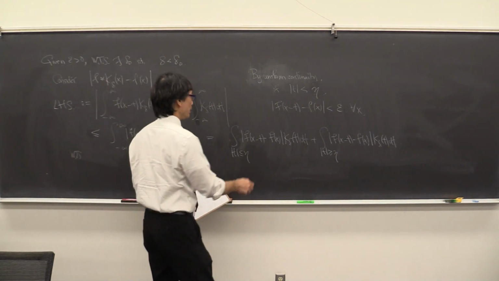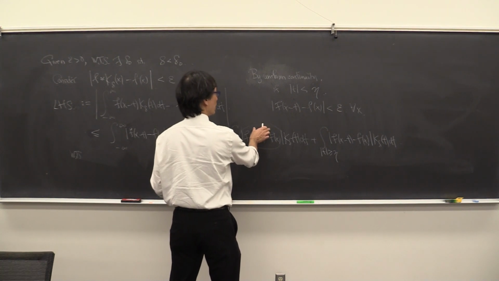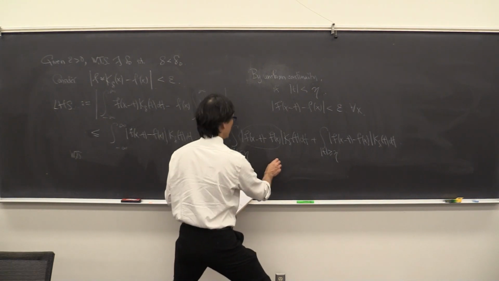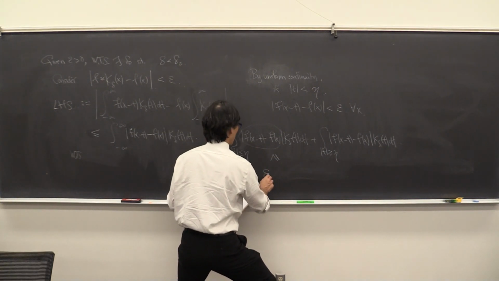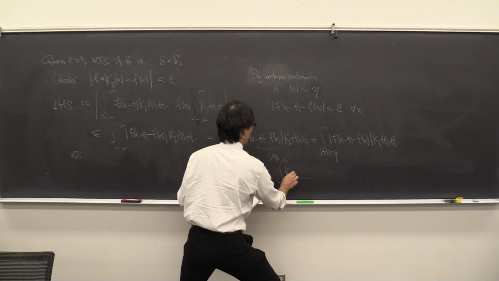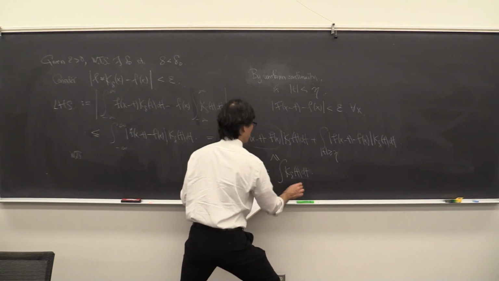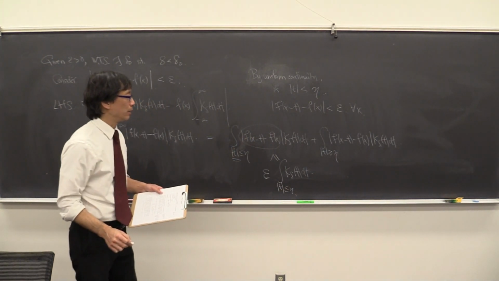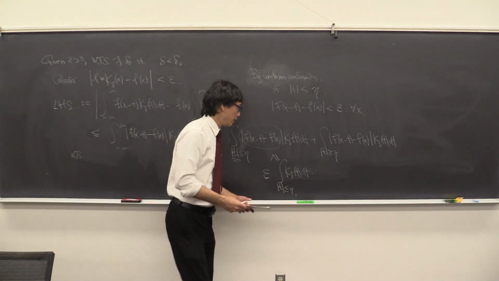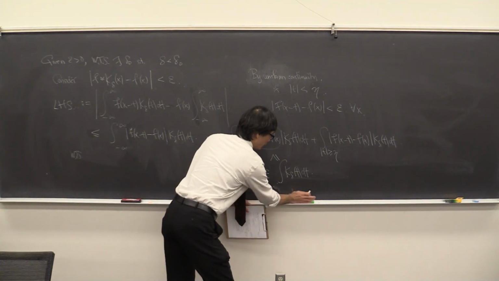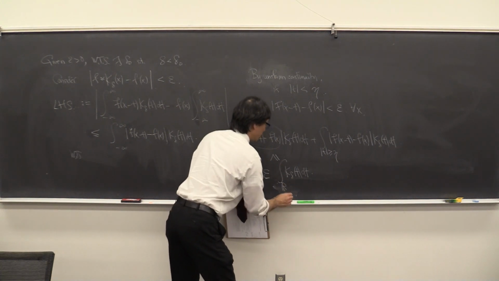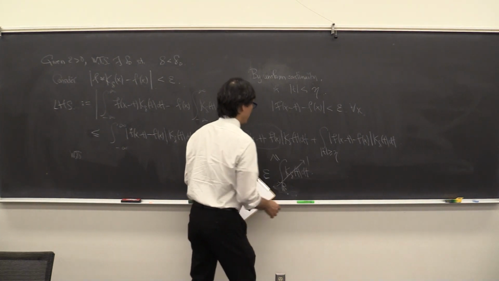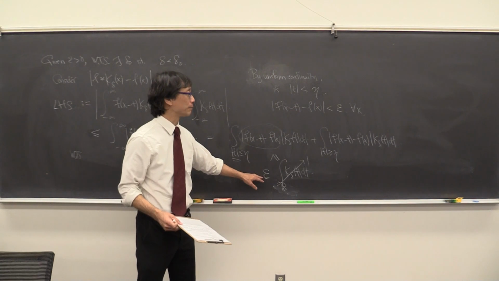Now this thing is smaller than epsilon because t is smaller than eta. So this term is less than or equal to epsilon times the integral of k sub delta over this small integral. But this is a positive integrand, so let's just integrate over the whole real line. It'll just get bigger. The integral of that is 1, and so this term is smaller than epsilon.